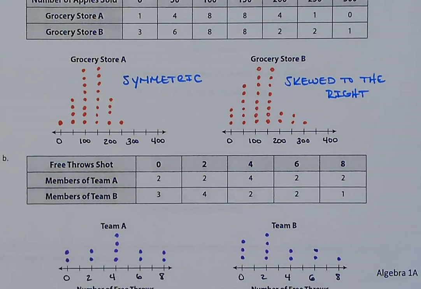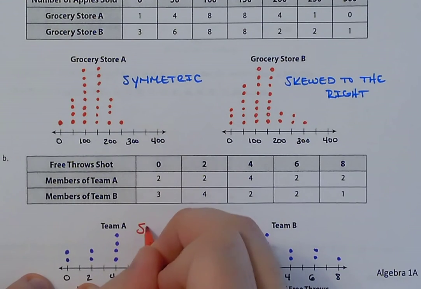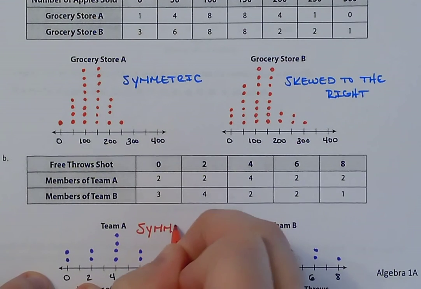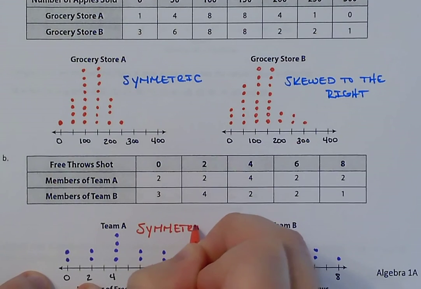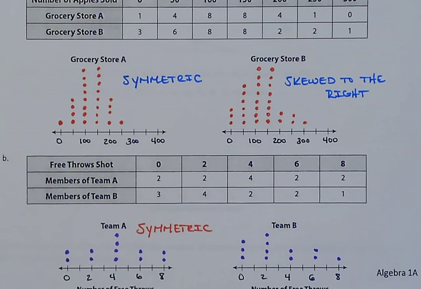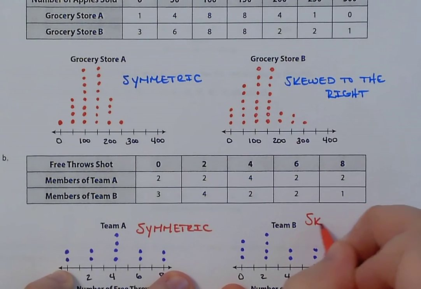So if we look at team A, would you say that the data is symmetric or skewed to the left or right? Team A is going to be symmetric. And then team B, because we have kind of more of a clumping of data on the left side and then it trails off to the right, this is going to indicate skewed to the right.